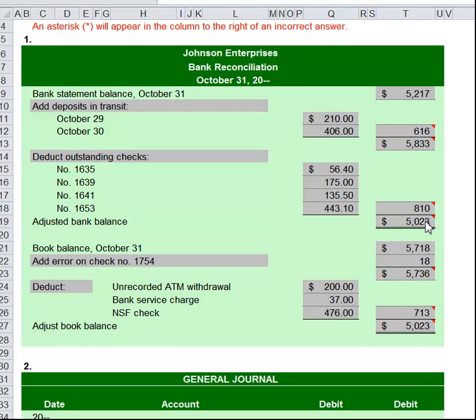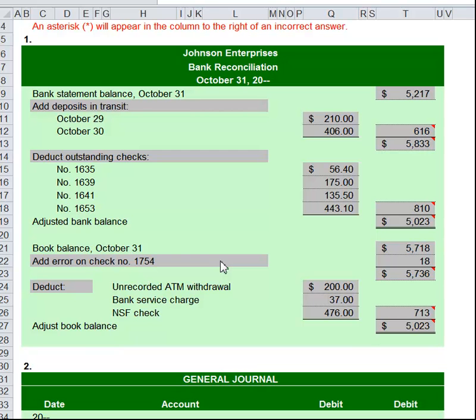We have the $5,023, and then we have our beginning balance of $5,718. So then we adjust for our items, first the error on check number 1754. The checkbook shows it was written for $75, so we subtracted $75 originally, but the bank only took $57 out of our account, so we need to add that $18 difference back in.